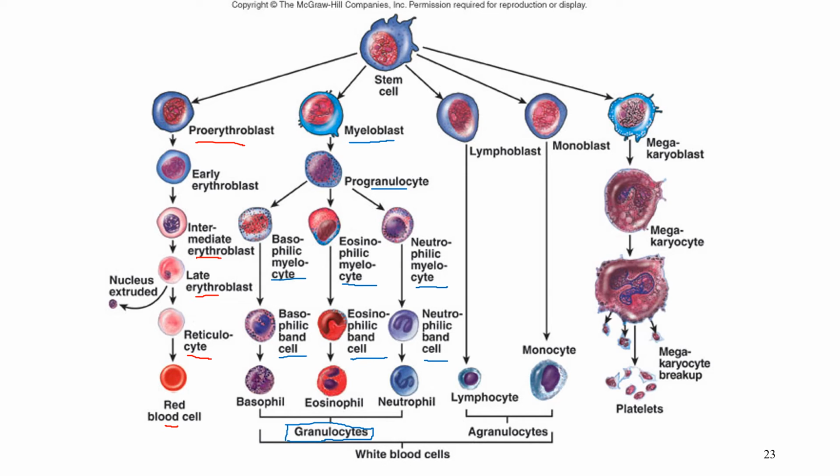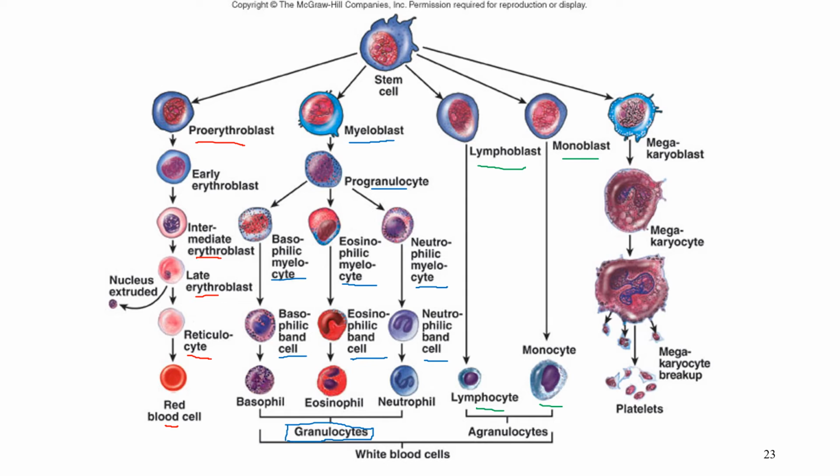Okay? So next, for your lymphocytes or monocytes and agranulocytes. From stem cell, it will become a lymphoblast, and then eventually it will grow into a lymphocyte. For the monocyte, it will become monoblast and then monocyte. So those are your agranulocytes.